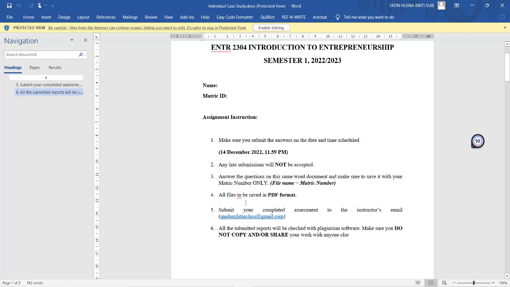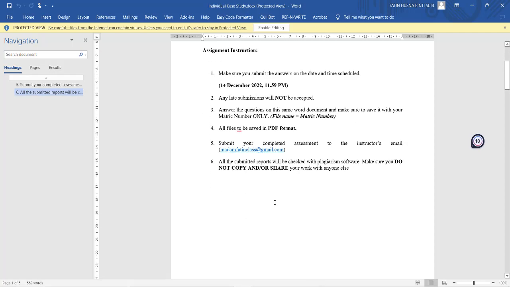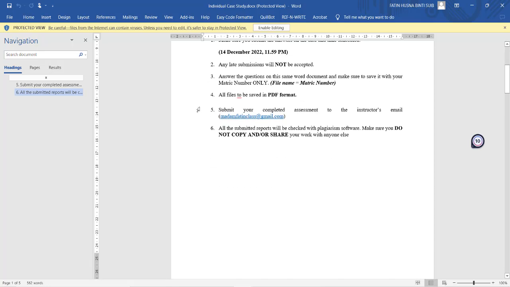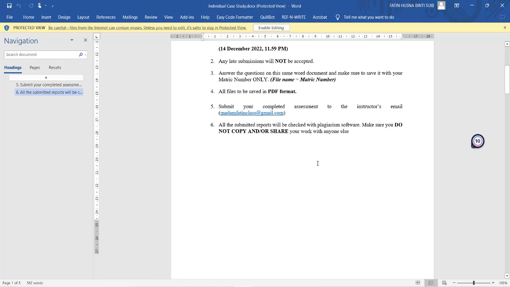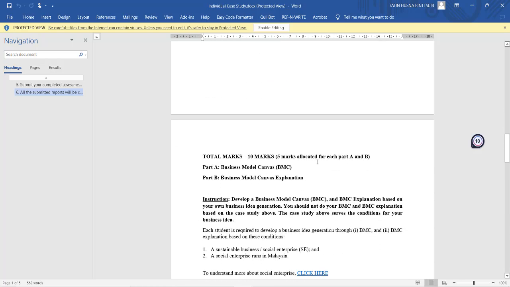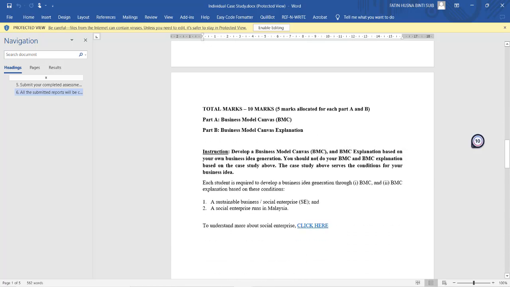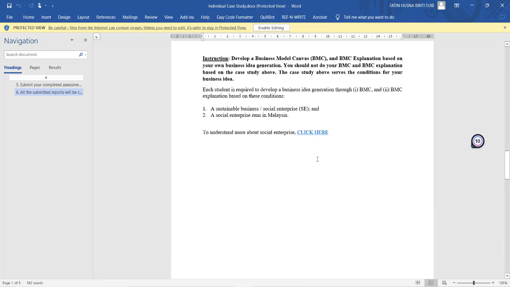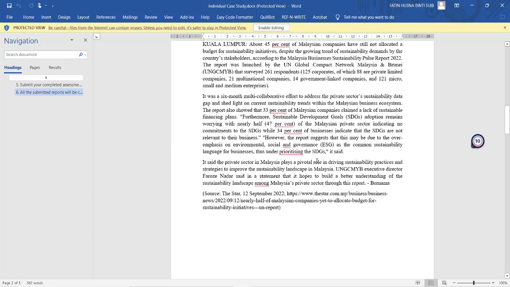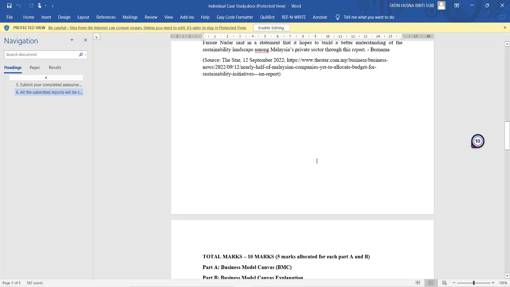You need to save it into PDF format, rename it with your matric number, and email me when you want to submit. Basically you're not going to do your BMC based on this case study. It's just an idea to show what you can do when it comes to your business idea.